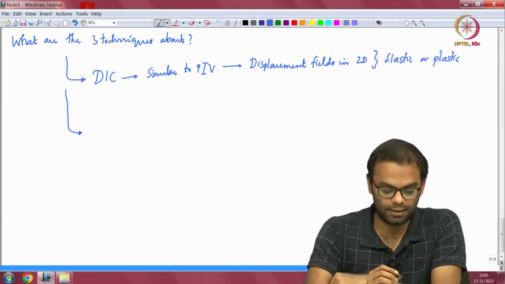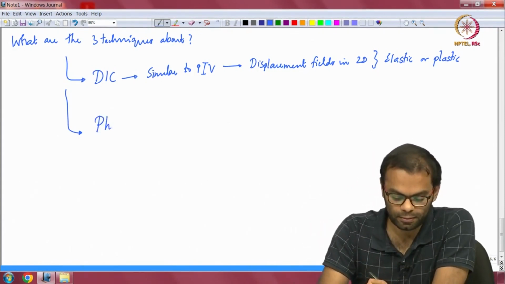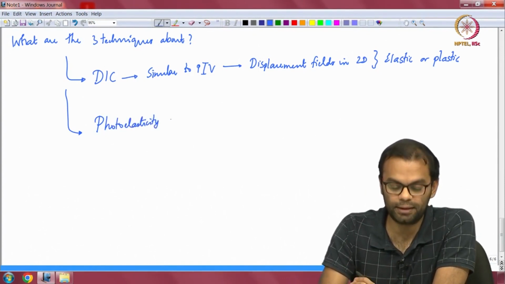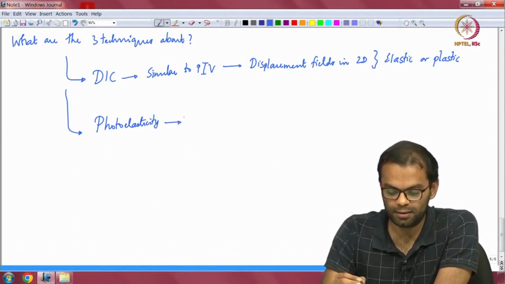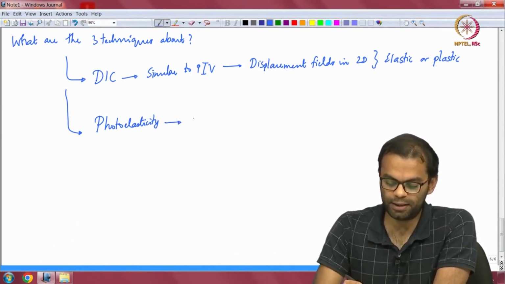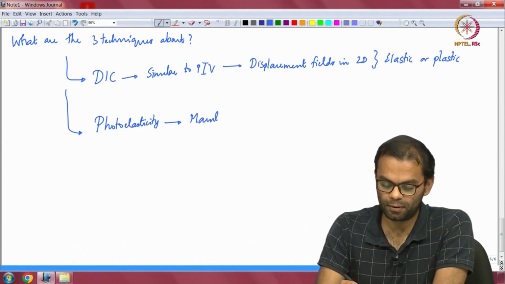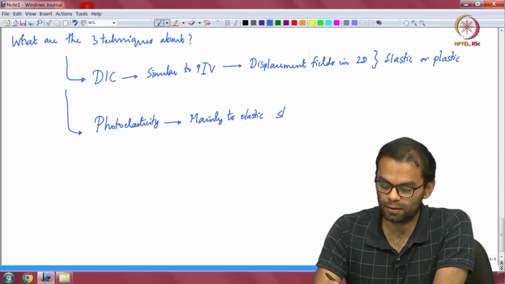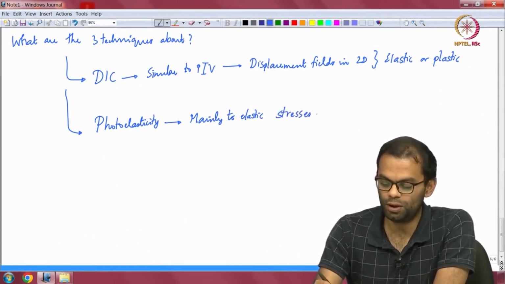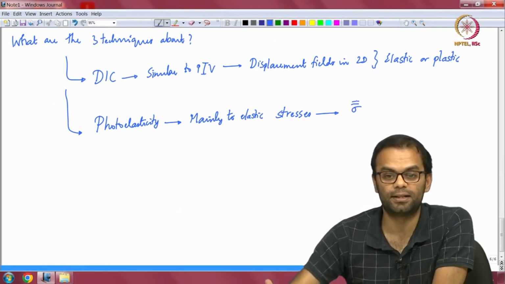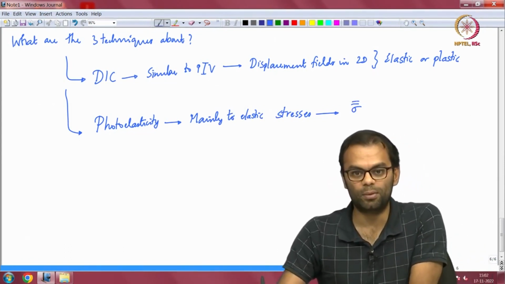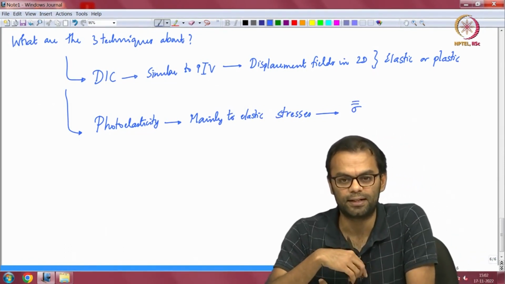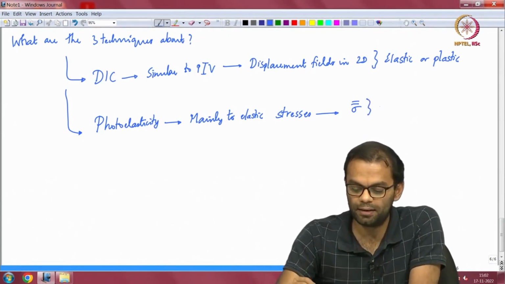The second technique is called photoelasticity, which applies mainly to elastic stresses. Here you directly get the stress tensor, or in some reasonable form you get an expression for the stress tensor, and this is only elastic.